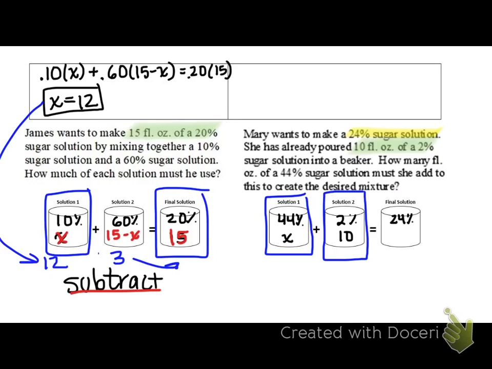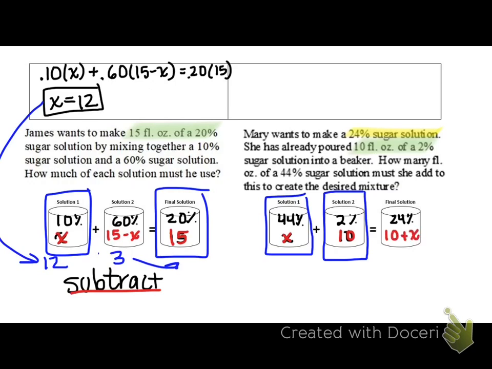In the case that we had before, we weren't given this part. We were given the final solution, and one part of it. So if you're given one part and the final, use subtraction. If we're given both of the first parts, we want to use addition. In the final addition part, it's still using the x and 10. So I'm going to write it out as 10 plus x.